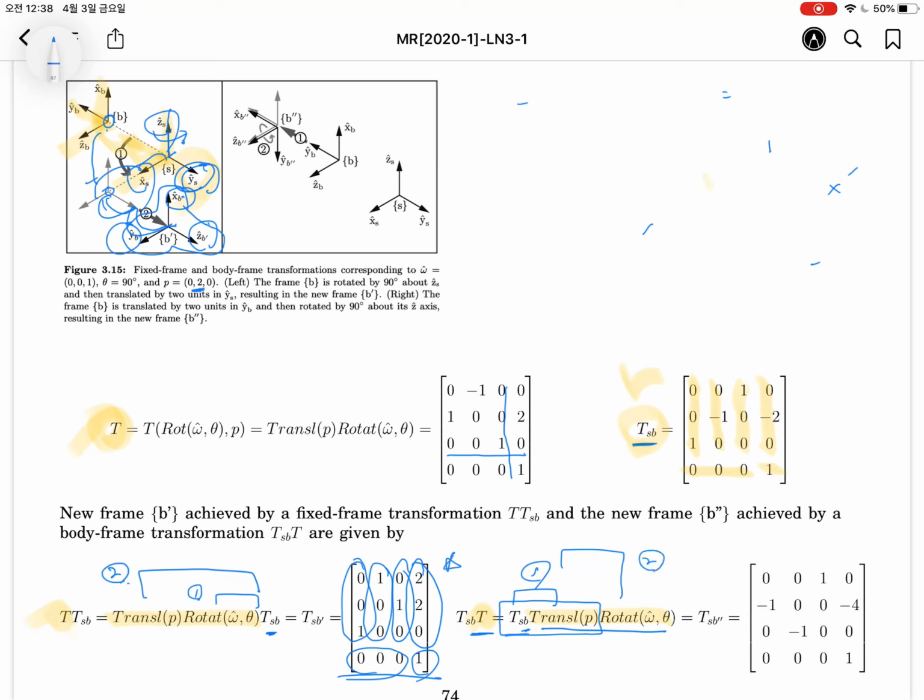This is the second part. Okay, the y direction 2 units is required to achieve the P translation. So this is the P frame origin, and 2 units going forward is required, according to this translation.